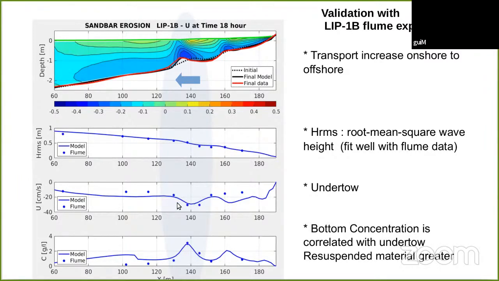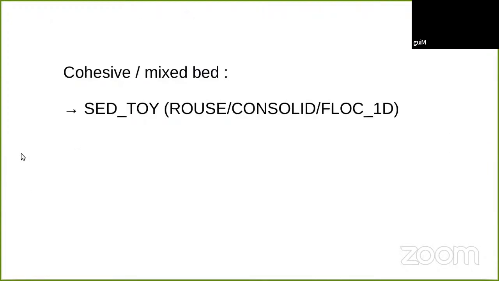CROCO sees the undertow, and associated with the undertow we have more material put in suspension in the water column. So that's the result of the validation, and that's it for this.